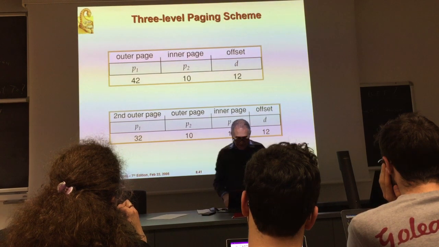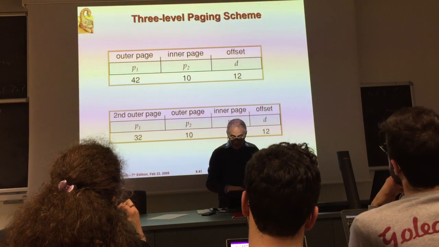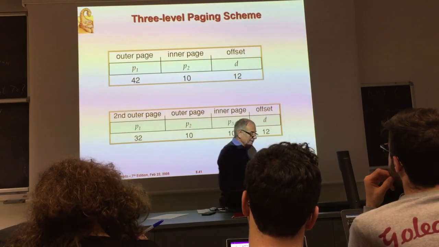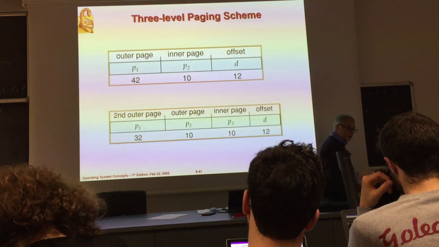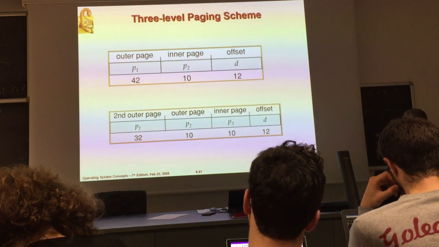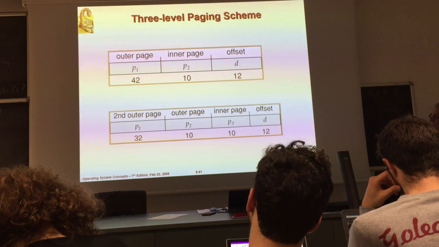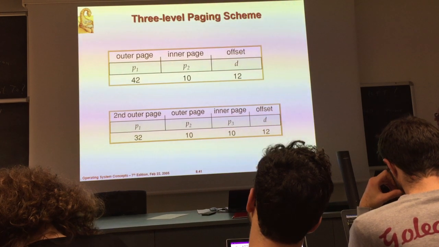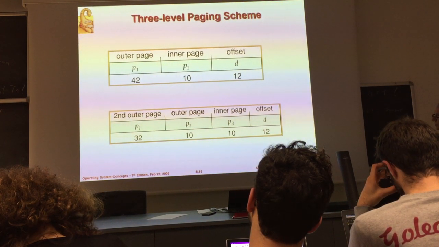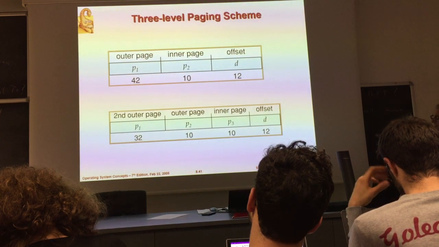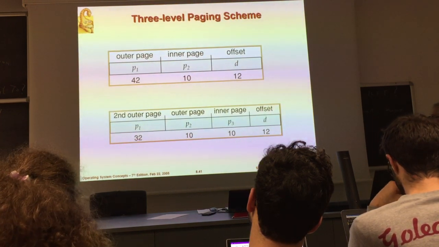So for 64 bit architecture, you may have something like this, two-level and three-level paging schemes with 4 kilobyte pages, for example.